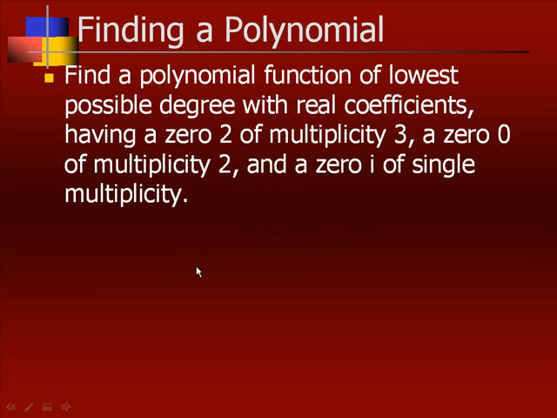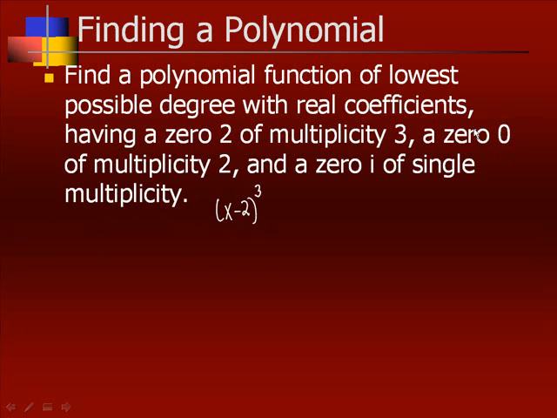Now, find a polynomial function of lowest degree with real coefficients having a 0, 2 of multiplicity 3. Well, if the 0 is 2, then x minus 2 is a factor of multiplicity 3, means it's going to occur 3 times.